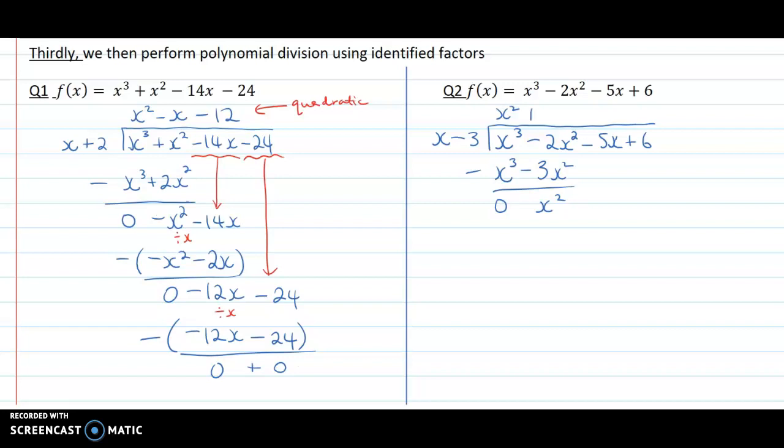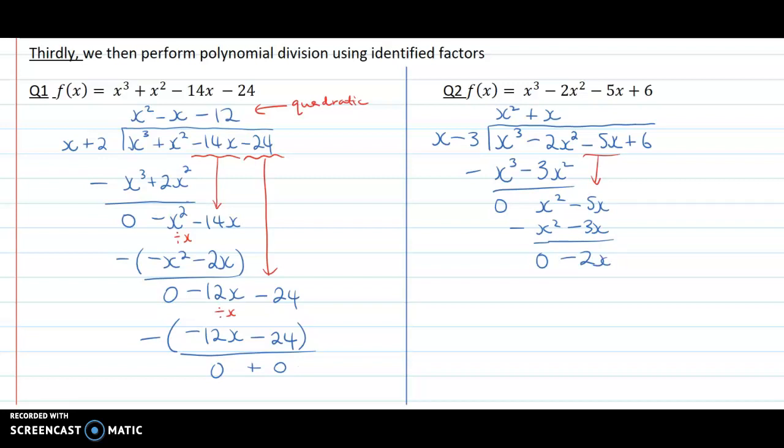X into x squared gives me x. X times x gives me x squared. X times negative 3. Rule it off. Bring this guy down. That gives me 0. Negative 5x plus 3x gives me negative 2x. Start the cycle again.